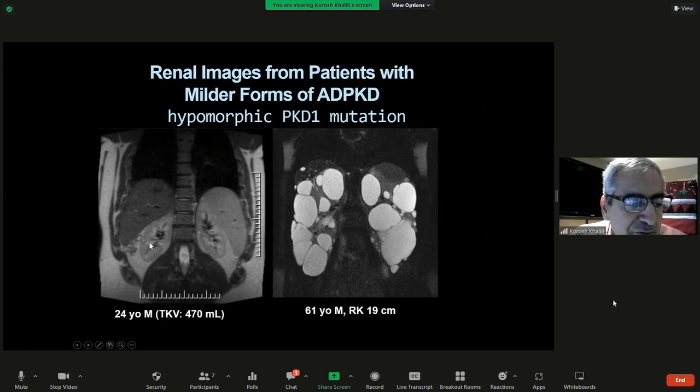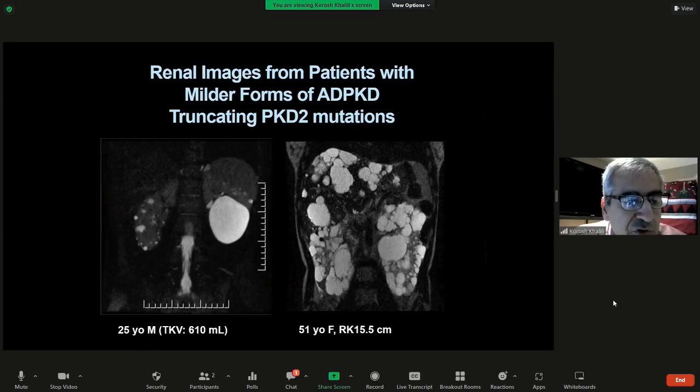None of these are bigger than 5 millimeters, tiny little cysts distributed in the cortex. And the kidneys are otherwise normal, and the function is going to be normal here. And in this 61-year-old, there are multiple large cysts, and the kidneys are really large, but we still see some normal looking kidney parenchyma in between, and so the kidney function may not be as bad.